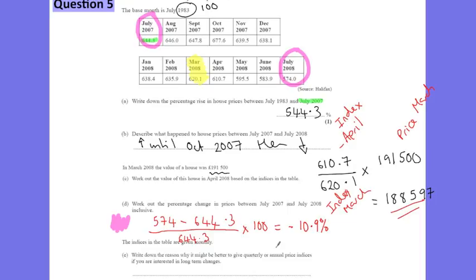We're told that the indices in the table are given monthly. Write down a reason why it might be better to give quarterly or annual price indices if you are interested in long-term changes. By increasing the time over which you are recording the prices, either quarterly, every 3 months, or annually, every 12 months, this will mean that you even out small changes.